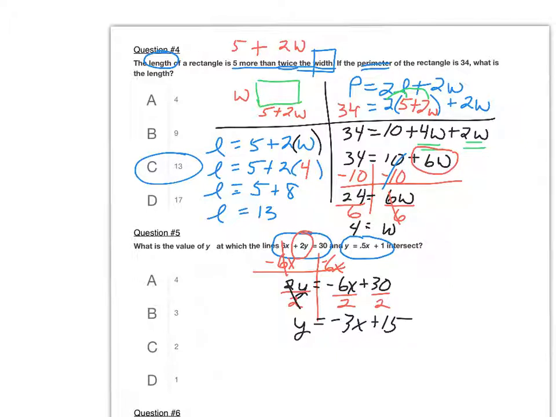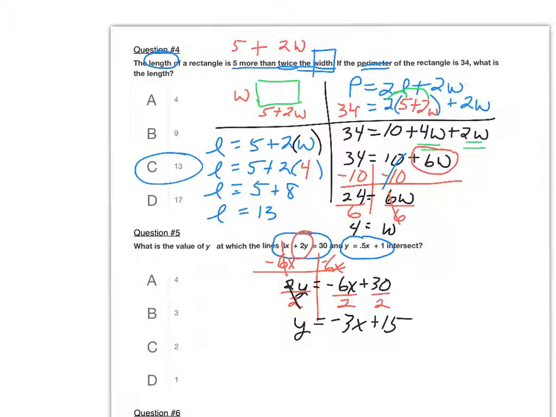Alright, so I'm putting in 0.5x plus 1 into one line, hit enter or execute, and then negative 3x plus 15, enter or execute, hit your draw or your graph, and you want to make sure that your window is showing the intersection of the two lines. If it doesn't, you have to zoom in or out. Go to Second Calc or G-Solve, which would be Shift and then G-Solve, and then we are finding the intersection between the two lines.